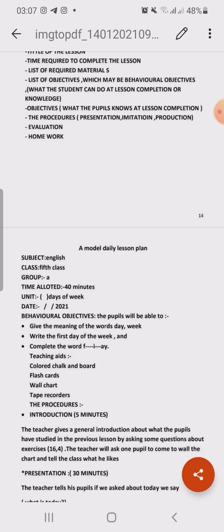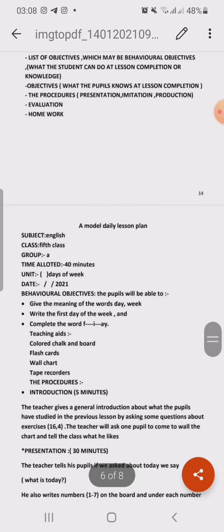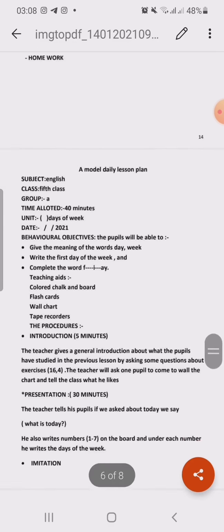What the pupils know at lesson completion, and the procedures: presentation, imitation and production, then evaluation and homework.